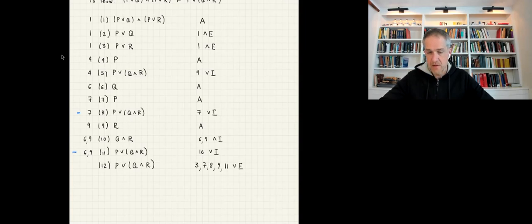So in line 11, the assumption that led to that conclusion was line 9. We picked up another dependency along the way, 6. So the final thing here is going to be 1, because 1 is the dependency of the disjunction on line 3, and then 6.